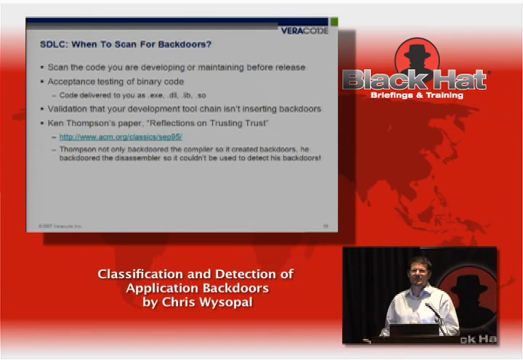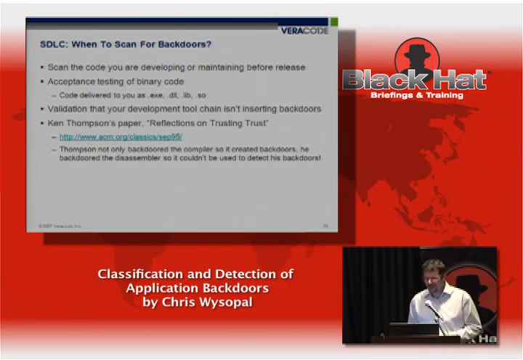Can we trust our compilers and linkers that they're not inserting backdoors into our code? Can we trust our disassemblers that they're not hiding the backdoors that are in the code from us? I'm paid to be a professional, paranoid guy because I'm a security guy, but it's hard to know whether that's actually going on.